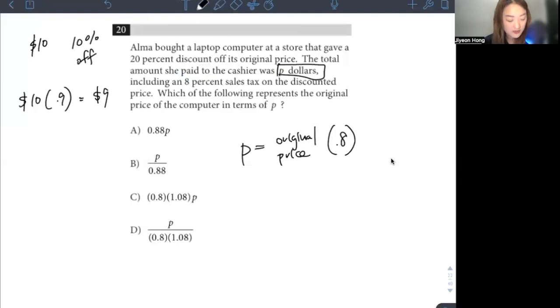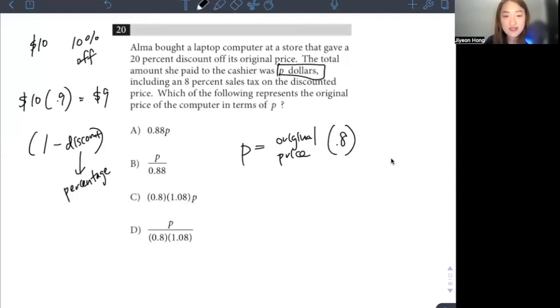The equation is basically 1 minus the discount. The discount is a percentage, and when you multiply by 1 minus the discount percentage, you get the factor you can multiply by to immediately get the actual price. So if we have the original price of the laptop computer and it's 20% off, we can multiply by 0.8 and it will give our new value.